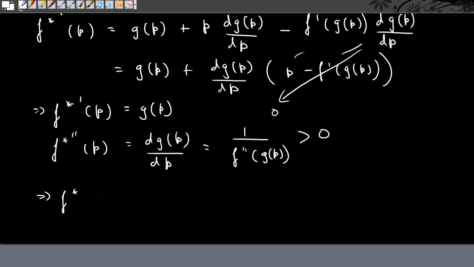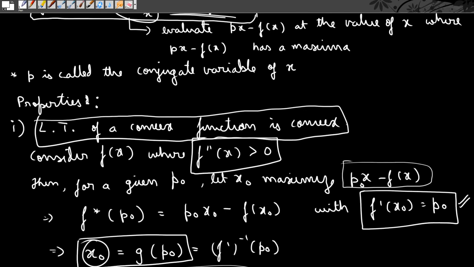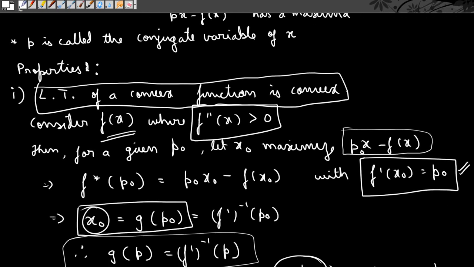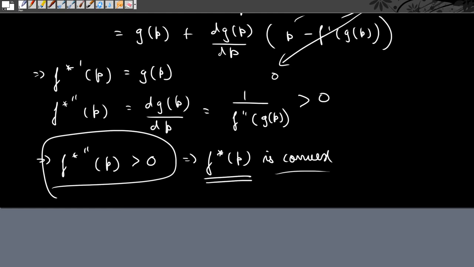This implies f star double dash of p is always greater than 0, which implies f star of p is convex. Okay, and that is what the statement of the property is also saying: the Legendre transform of a convex function is also convex. So here the convex function is f of x, its Legendre transform is f star, and because of this condition that we proved, f star is also convex. Okay, so that is the first property.